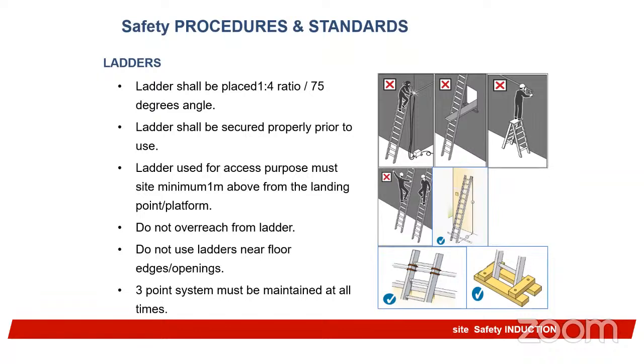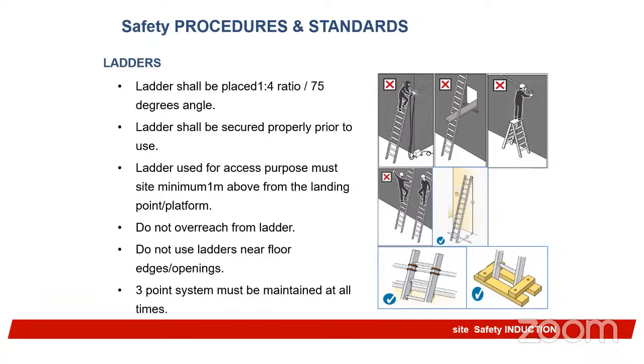So the ladder shall be secured properly prior to use. You should inspect your ladder before use. Check the rungs to make sure that there is no rust, there is no loose part that can make the person fall at any point in time. A ladder used for access purposes must extend a minimum of 1 meter above the landing platform. This is basically 3 rungs.